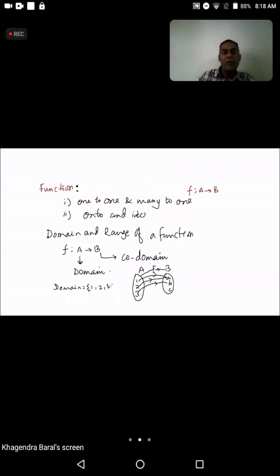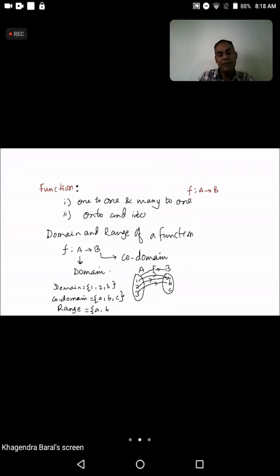The codomain is the set of elements a, b, and c. And the range is the set of the images of the elements of set A in set B. It means the range is the set of the elements a and b.